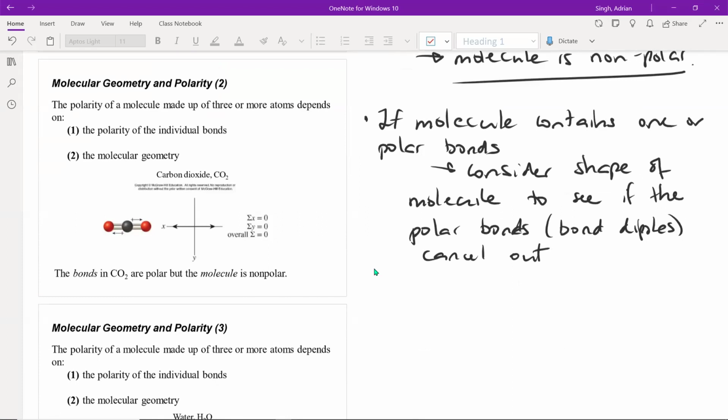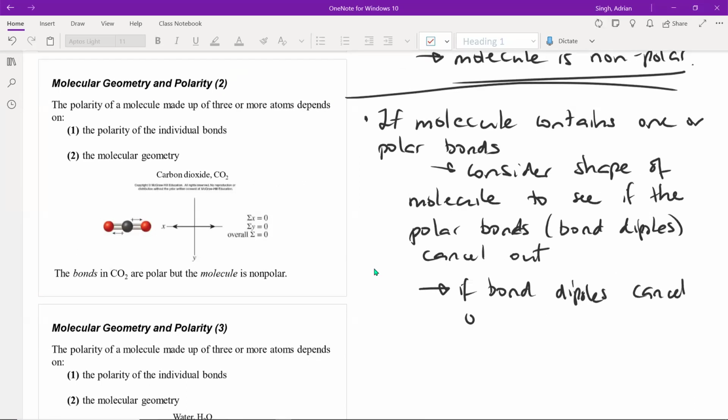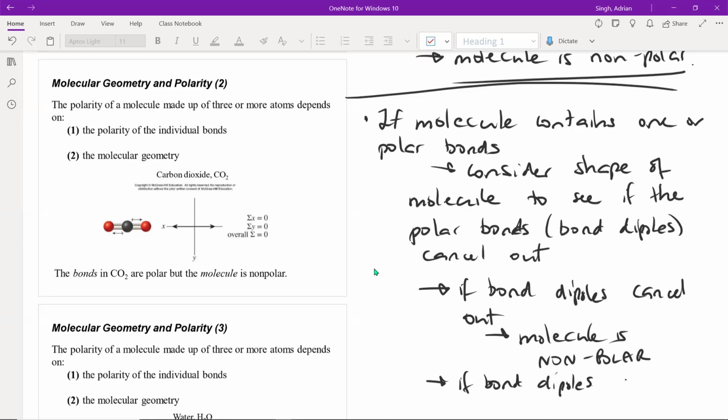So if the molecule has one or more polar bonds, we consider the shape. If those bond dipoles do cancel out in the molecule, then the molecule is nonpolar. And if the bond dipoles don't cancel, then the molecule has to be polar.